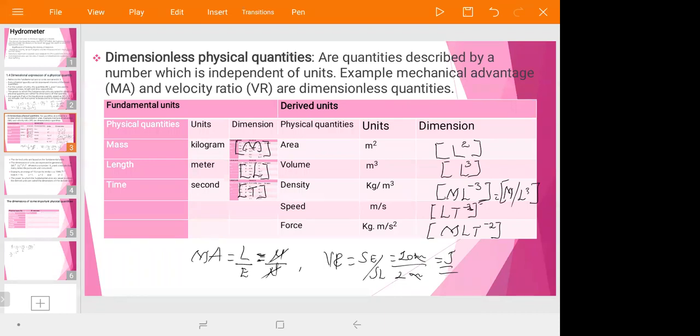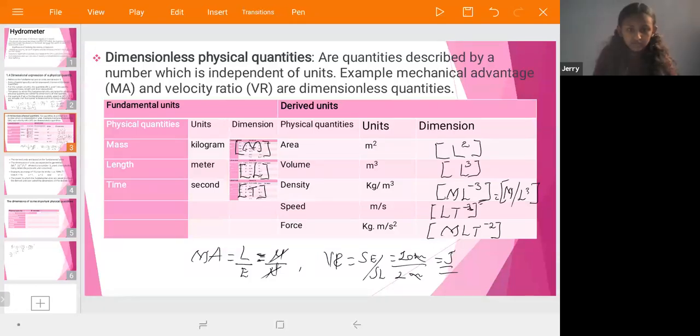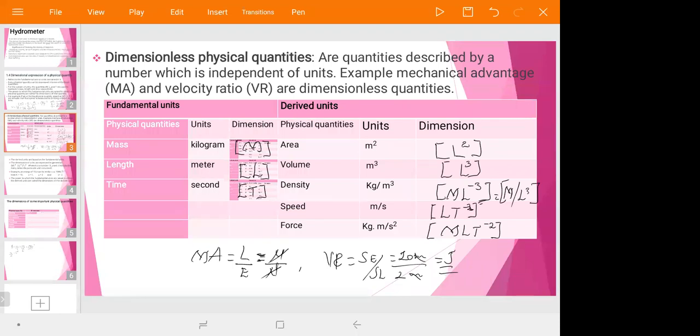Therefore, to write the dimension of a physical quantity, you must know the basic physical quantity contained in that dimension, okay? Have you understood how we can write the dimension of a given physical quantity? Yes. Okay. I think this is already written in your text. Take your text, you will see.